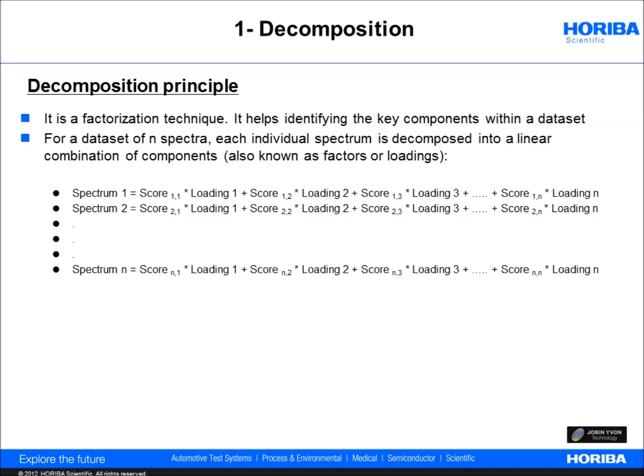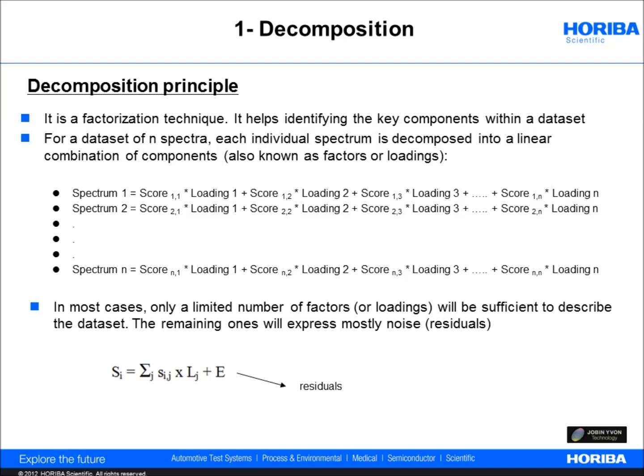Originally, there are as many loadings as spectra in the dataset, each of these loadings containing a part of the variance. The loadings are weighted by scores, which are coefficients indicating how much the contribution of each loading is. Practically, only a few of these loadings will be enough to well describe the original dataset.